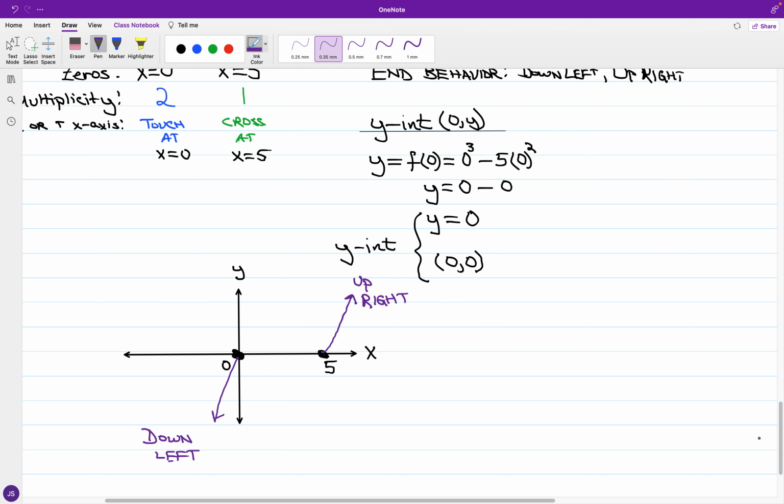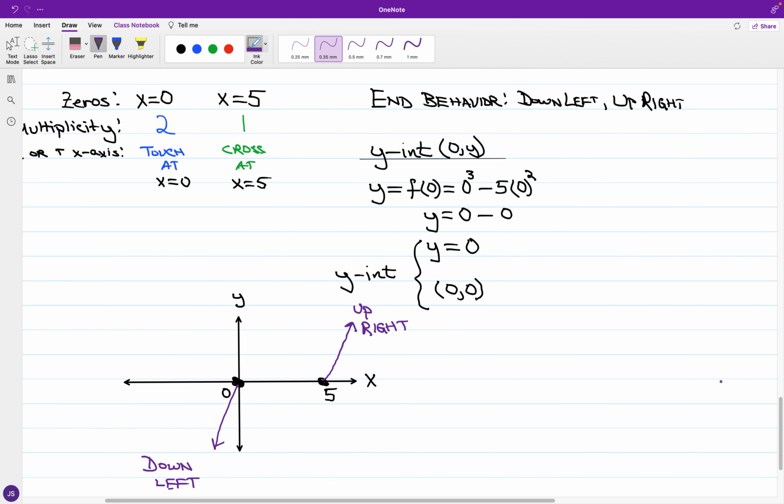And for the activity that occurs in between, at 0 and 5: at 0, the graph is going to touch, and once we get to x equals 5, the graph is going to cross.